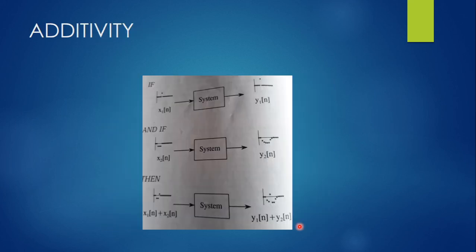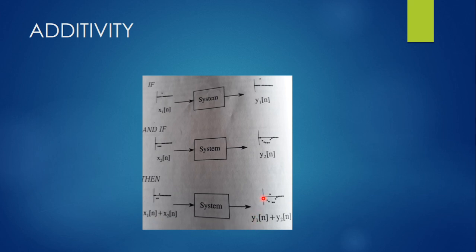Second property, additivity. You give x1[n] to this system, you get y1[n]. You give x2[n] to this system, you get y2[n]. You give the sum of these two inputs to this system, x1 plus x2.